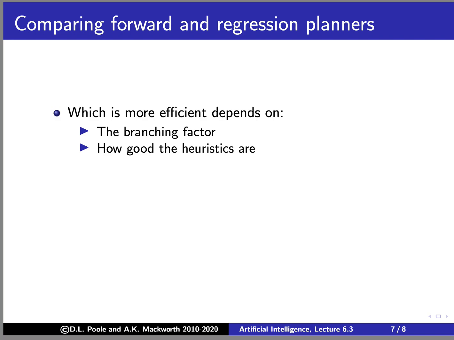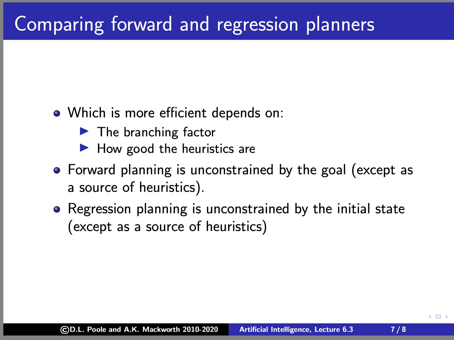The main difference is that forward planning is unconstrained by the goal except as a source of heuristics, so it only has reachable states, not necessarily states that can get to the goal. Regression planning is unconstrained by the initial state except as a source of heuristics, so it only uses useful actions, not whether the states are possible.